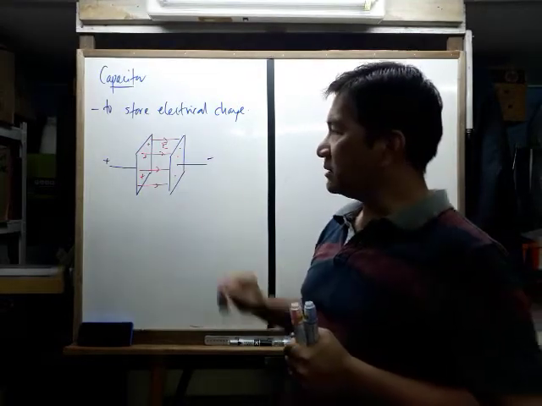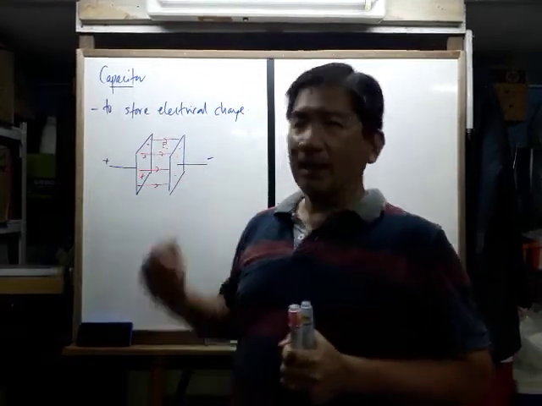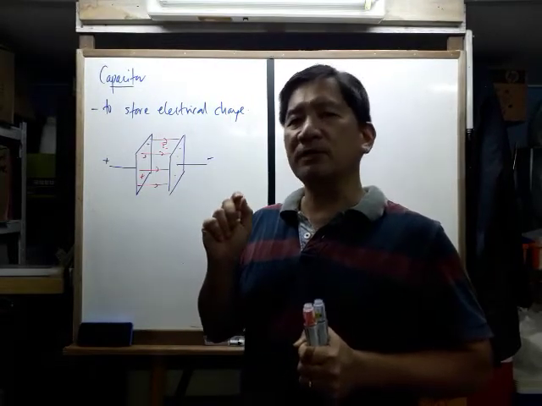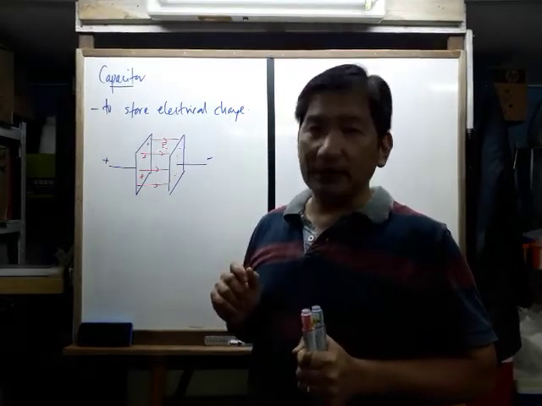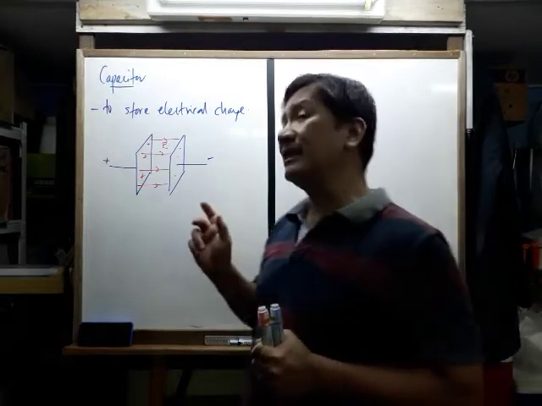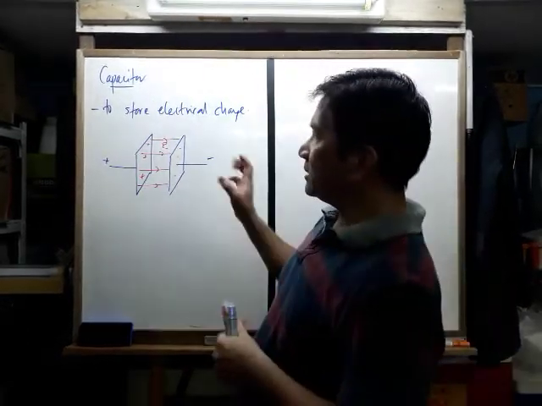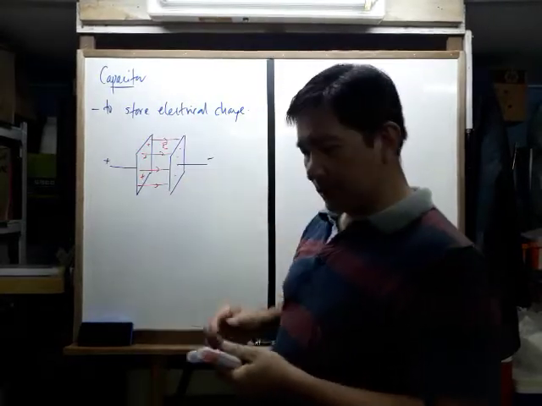But the problem is there is leakage here and there that causes the capacitor to self-discharge through internal leakage. So we don't have any ideal capacitor, only in theory. That is the basic design of a capacitor.